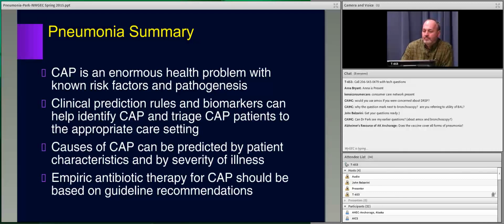So someone is wondering, would you use amoxicillin if you were concerned about DRSP? Another factor related to these out-of-date guidelines is that we don't care so much about DRSP anymore.